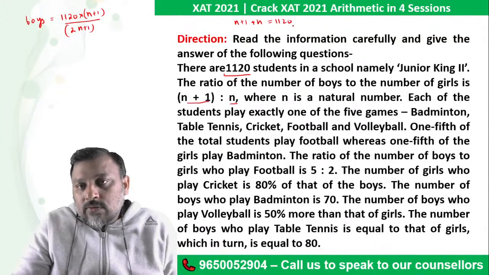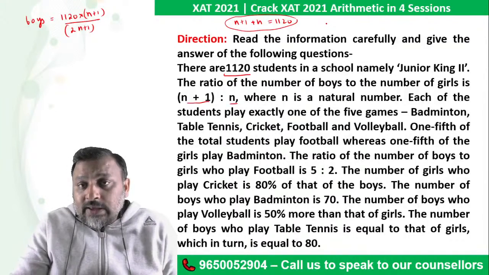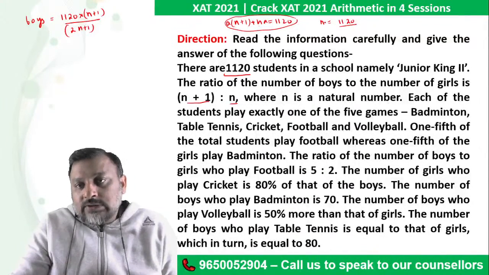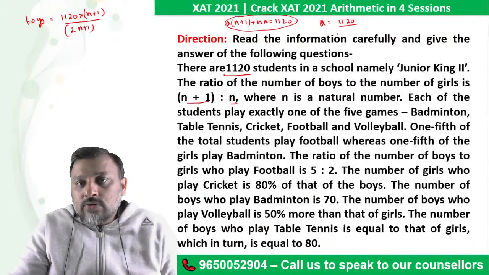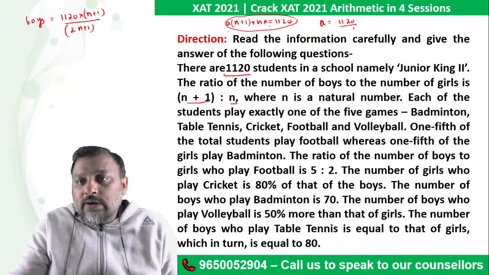So that means the value of n is this. a times of this and a times of this is this value. Okay. So from here what you can say is a is equal to this. If I take a common, I'll get it as this much.